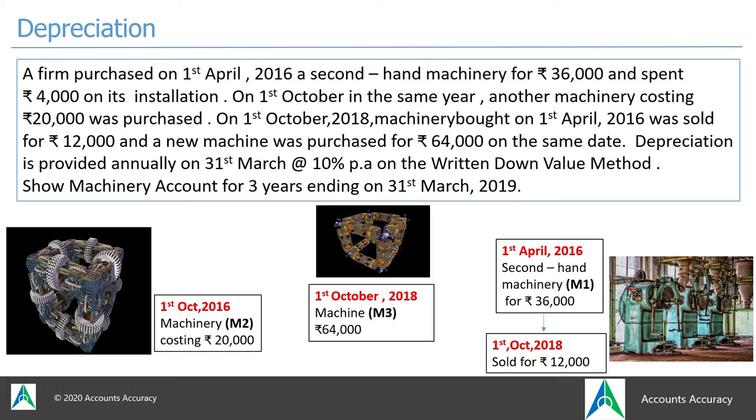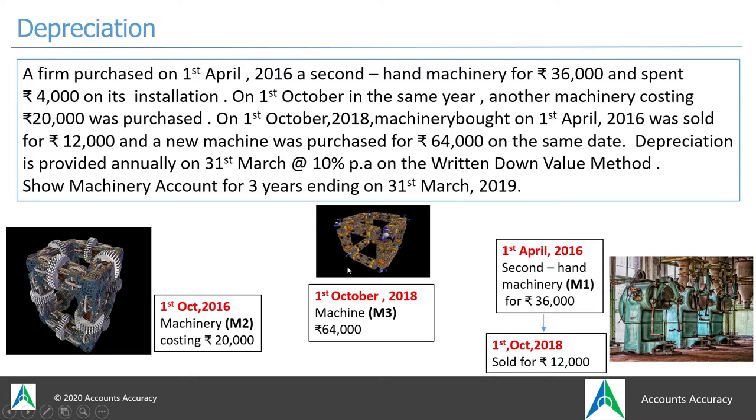Now, in this method, you have to remember that we keep on deteriorating the price of the machine and we charge depreciation on the depreciated value of the machine. That means not on the original value of the machine, but after the reduction in its value. After 1 year, whatever remains the value of the machine, only on that is the depreciation calculated. That's why it is called the diminishing value method.